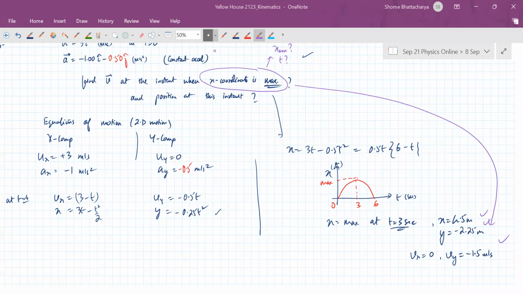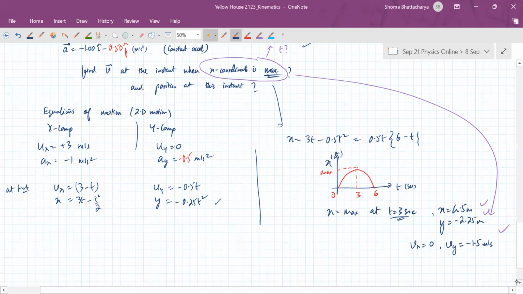Now moving on to some doubts from the module which have been asked. Kirti, you have asked exercise 1, questions 15 and 27. So module 1, kinematics, exercise 1. Let's move on to that next.